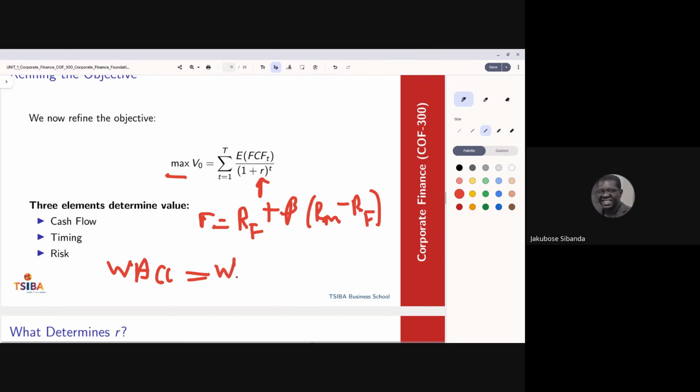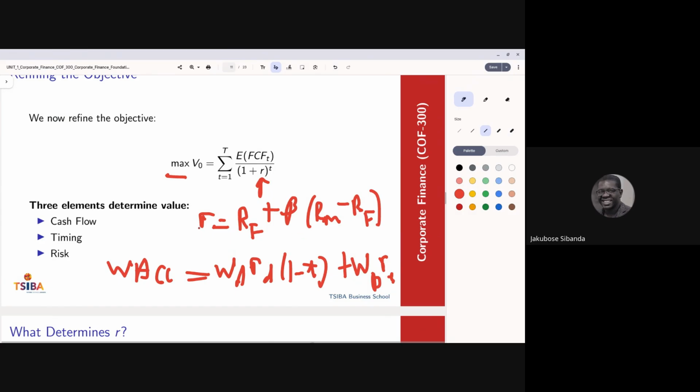So the weight of debt multiplied by RD (1 minus T), then plus the weight of equity, and then RE, which is the required rate of return on equity.